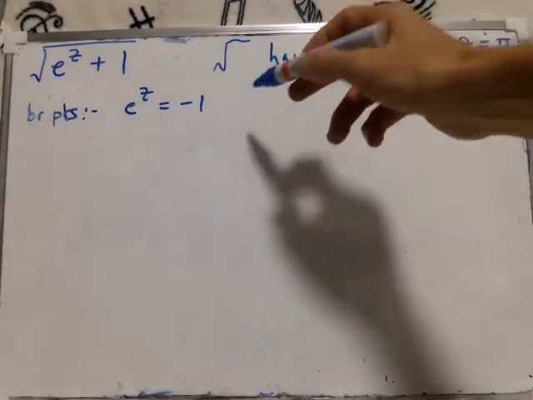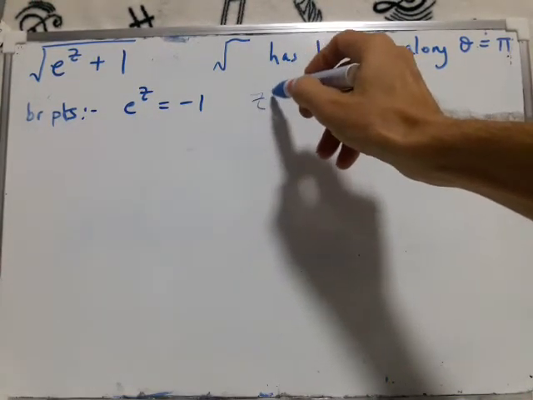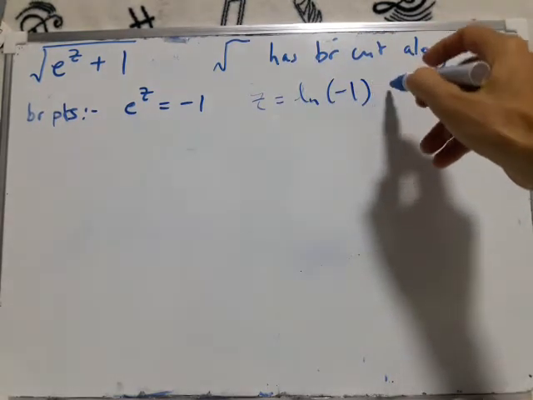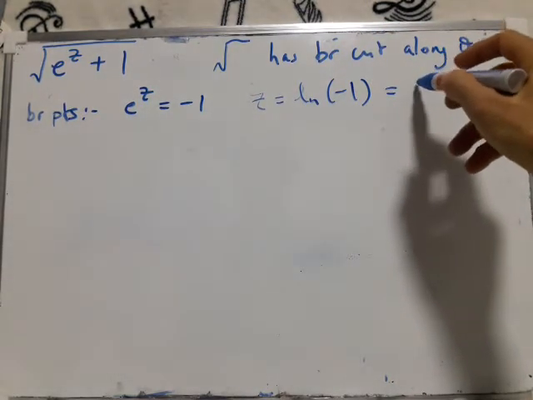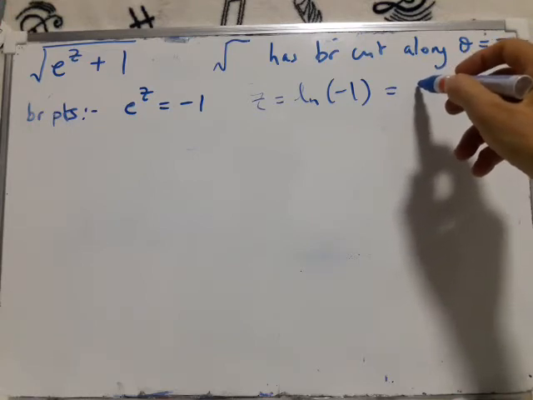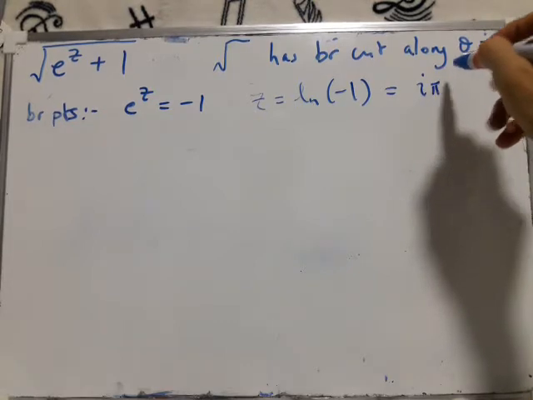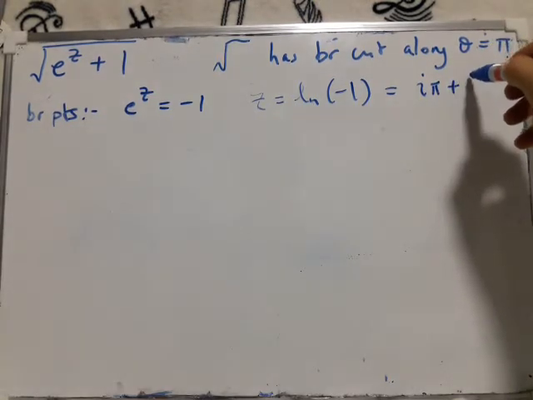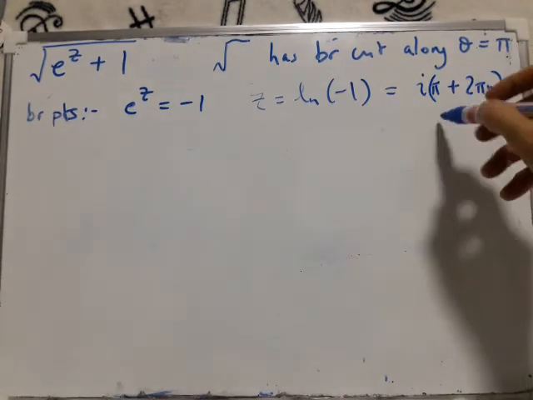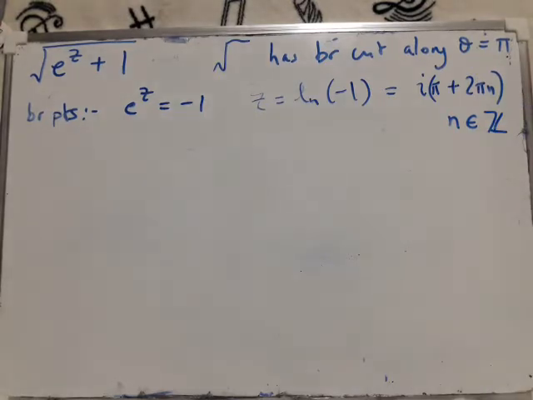We can solve that by taking logs, so we end up with z equals log of -1, which we now know is equal to, we've done this before, but basically it's i pi plus 2 pi n for any integer n.